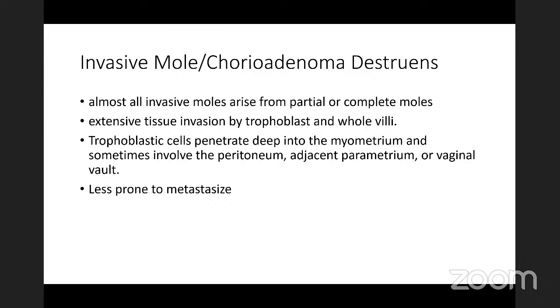Trophoblastic cells penetrate deep into the myometrium and sometimes involve the peritoneum, adjacent parametrium, or vaginal wall. And it's less prone to metastasize.